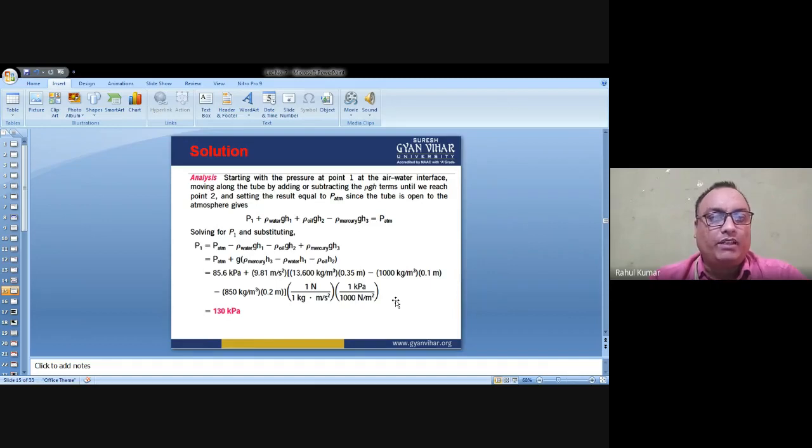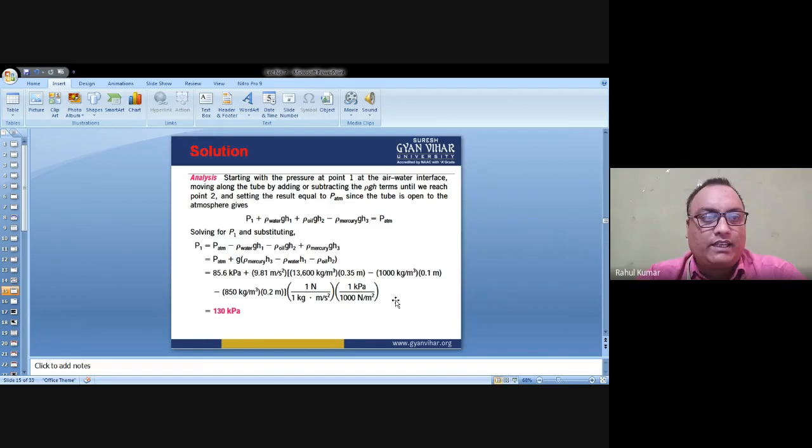So P1 plus rho water g H1 plus rho oil g H2 minus rho mercury g H3 equals P atmosphere. Solving for P1: P1 equals P atmosphere minus rho water g H1 minus rho oil g H2 plus rho mercury g H3, which equals P atmosphere plus g (rho mercury H3 minus rho water H1 minus rho oil H2).